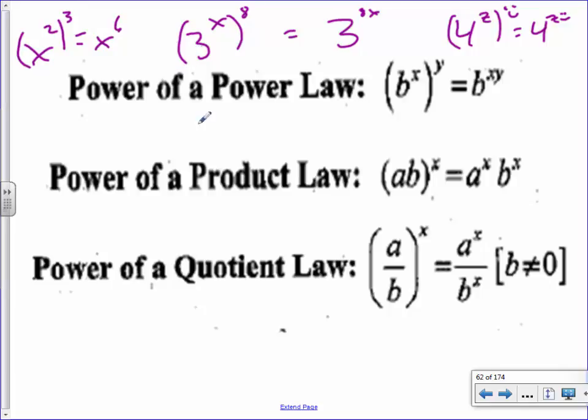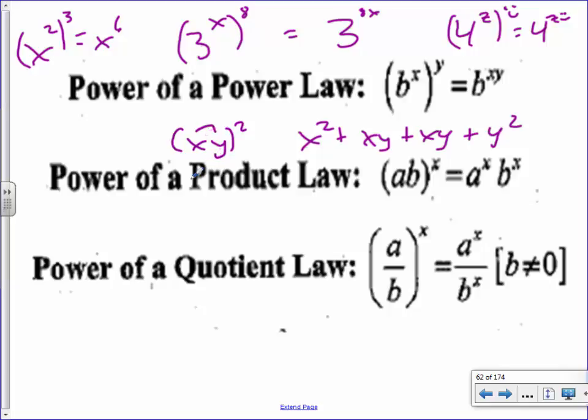Okay? If you ever have two things inside a bracket and then you give an exponent, it's not foiling. This is the most common mistake kids will make. They'll see something like xy squared, and they'll think that they have to go x squared plus xy plus xy plus y squared, and they'll try to foil it. Does that make sense? But foiling only applies when there's an add or subtract sign in between.